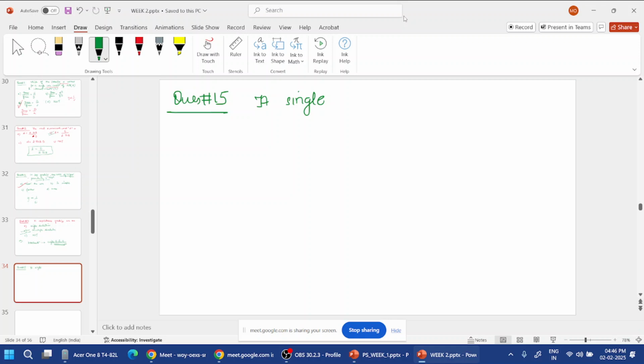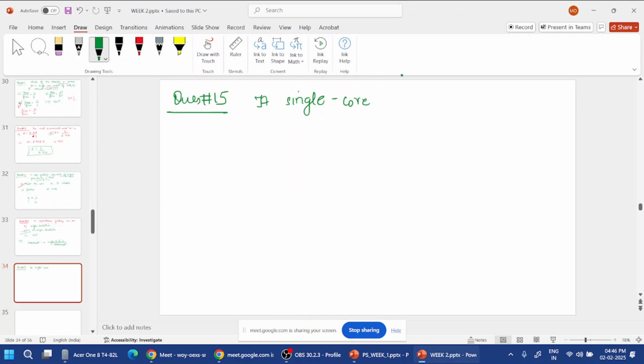I'm not able to download them from NPTEL because there is some problem with the download. So if you have any exact question, you can write it here, and I will solve it next week if I have got those questions.